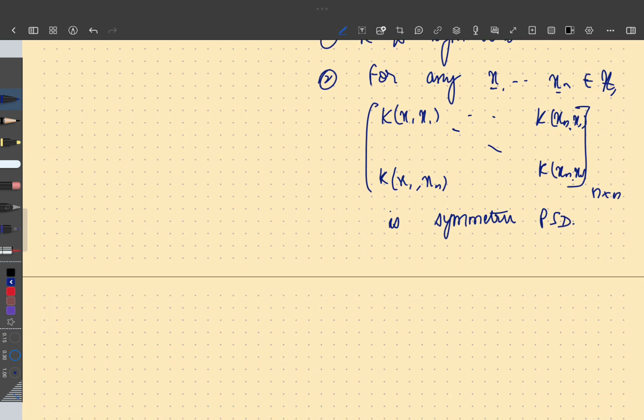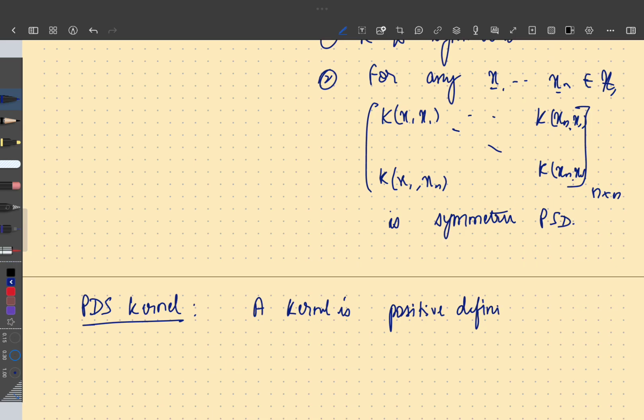So we'll say that a kernel is positive definite symmetric.